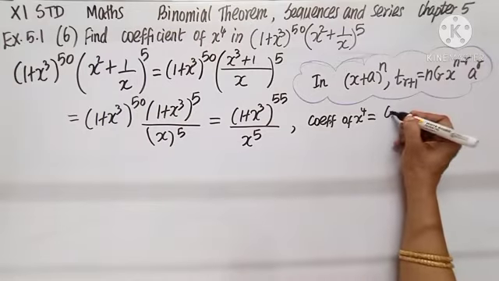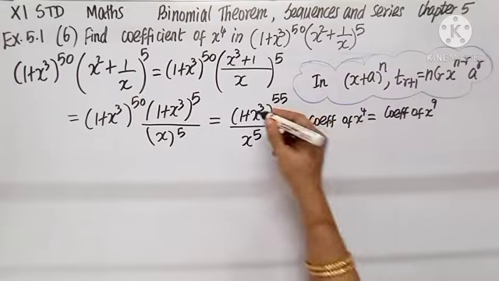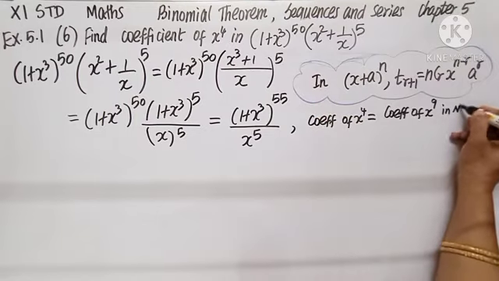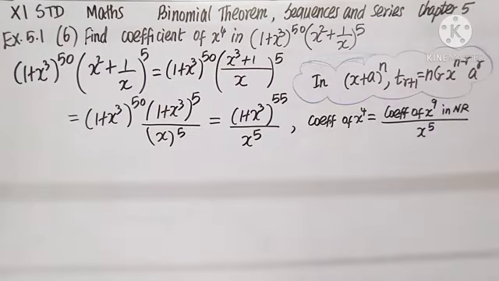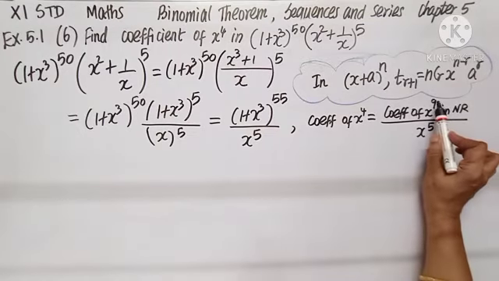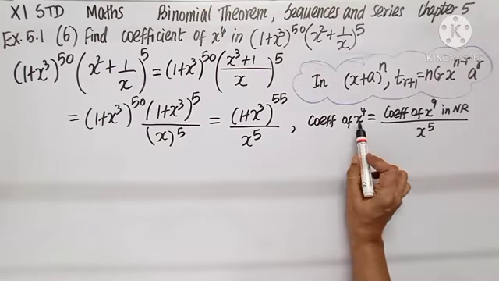I will write the coefficient of x power 9 in the numerator divided by x power 5. Why? So that x power 9 minus 5 will give me x power 4.